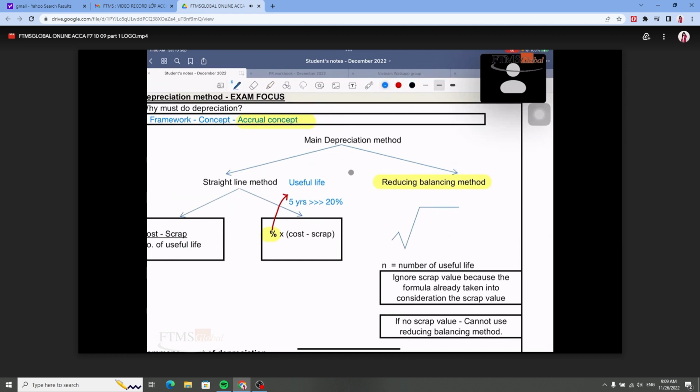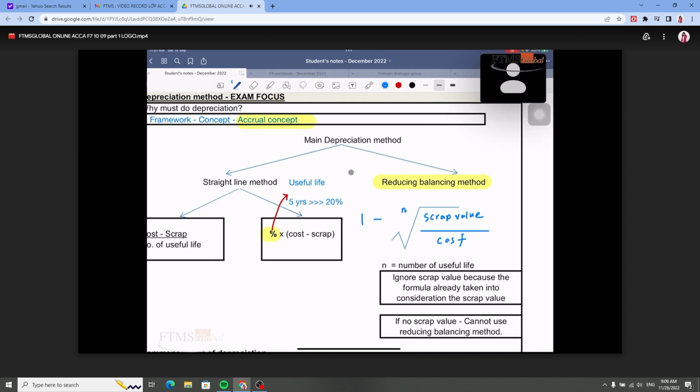The formula is: percentage equals 1 minus the nth root of scrap value over cost. This is the formula to calculate the percentage for the reducing balance method.